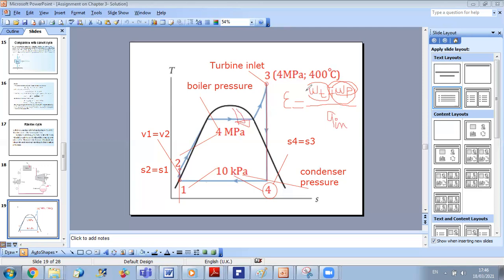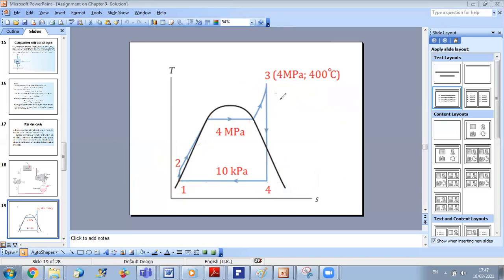So for the turbine, let me clear everything here. If I want to write W turbine, what is W turbine? It is m dot, which is the mass flow rate, times enthalpy. Which enthalpy?